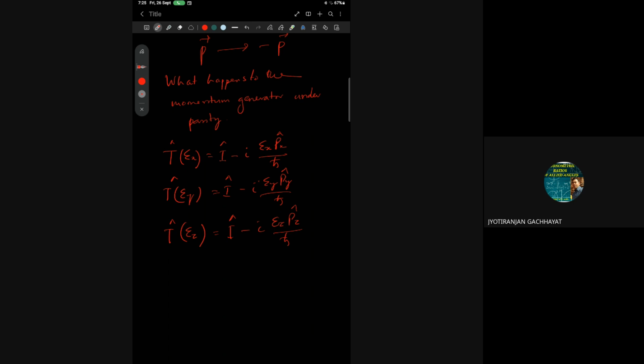Now, what will happen if I operate parity? Let me move it a small distance.